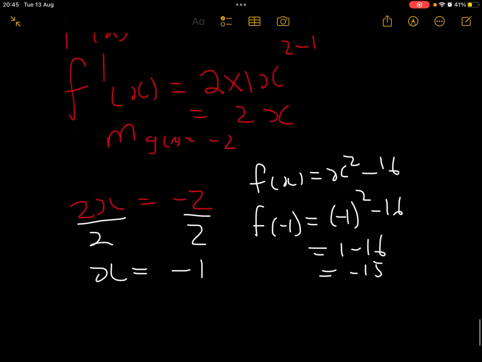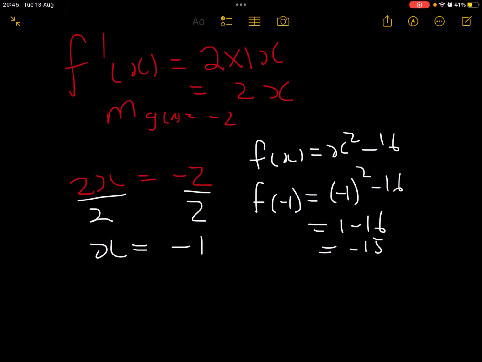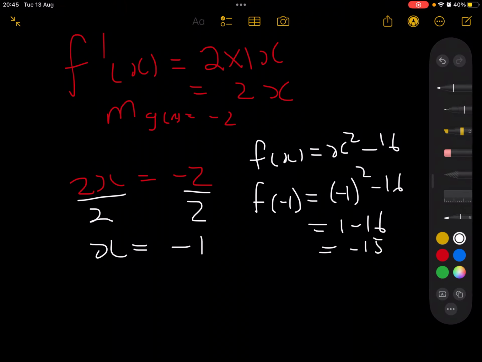So this means the coordinate whereby the graph has a tangent is negative 1, negative 15. We are looking for the equation of that tangent, and they say it has the same gradient as the graph of g. Now the graph of g has a gradient which is equal to negative 2.